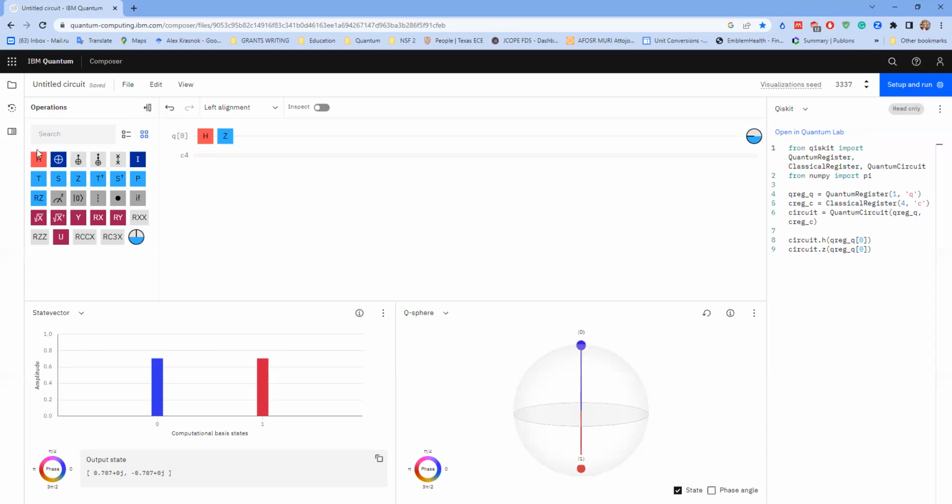Then I apply the Hadamard gate once again, and the result I expect to see is evolution to the state 1. So as you can see, the result indeed coincides with the application of just one X gate. The result is the same as the application of Hadamard, Z, Hadamard.